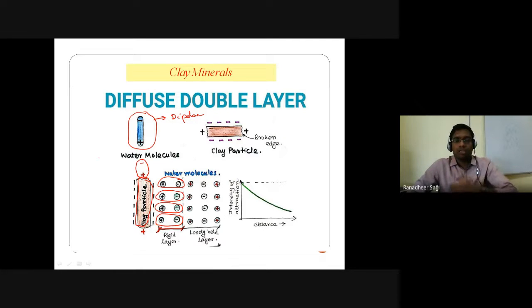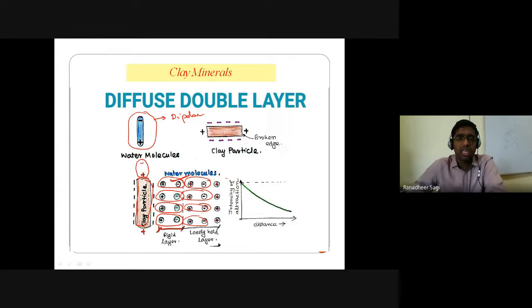And when you look at this water molecule, the adjacent water molecule is also getting attracted towards it, because the positive ions present in that water molecule get attracted towards the negative end of your water molecule, and in the subsequent way the other water molecules also get attracted towards these water molecules, which are relatively getting attracted towards your clay particle.